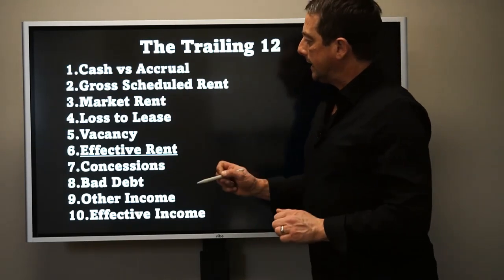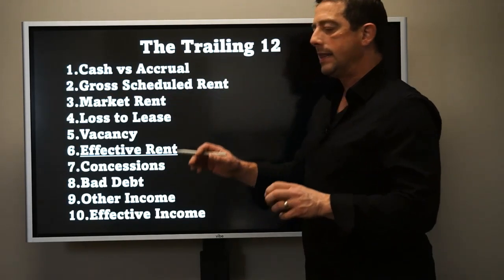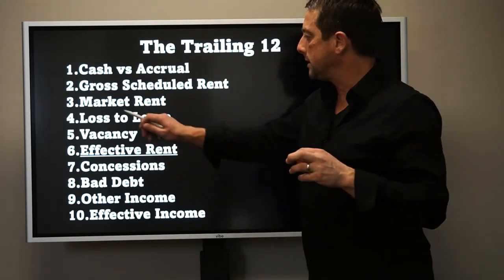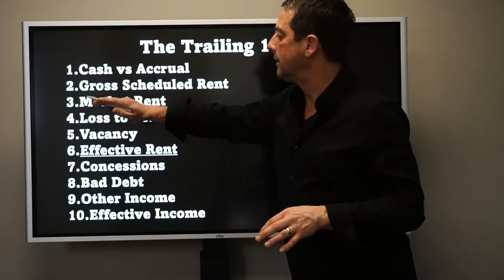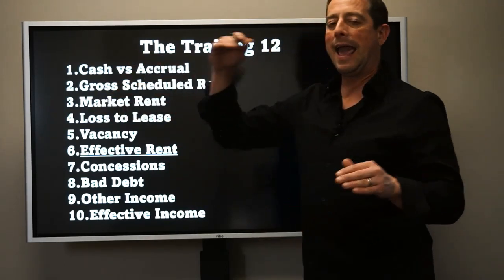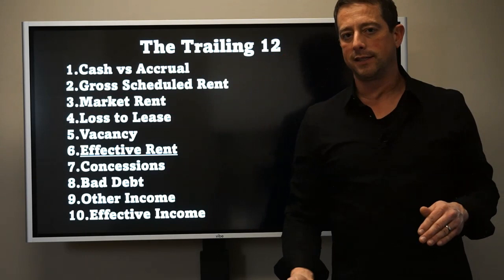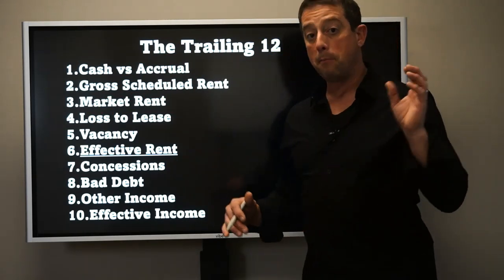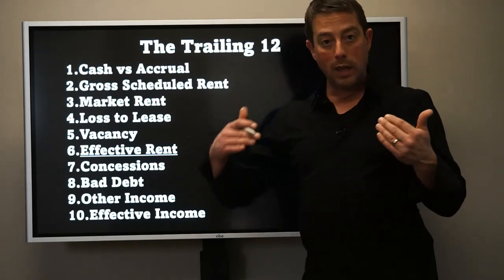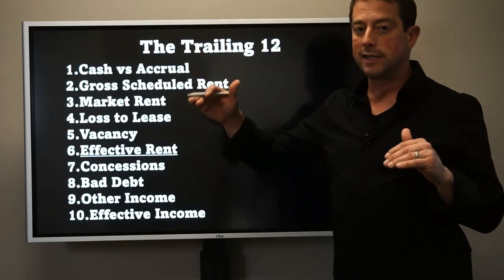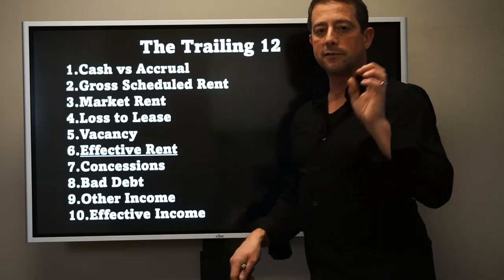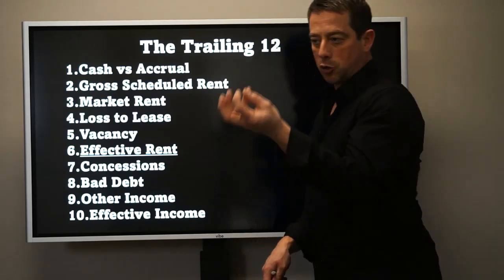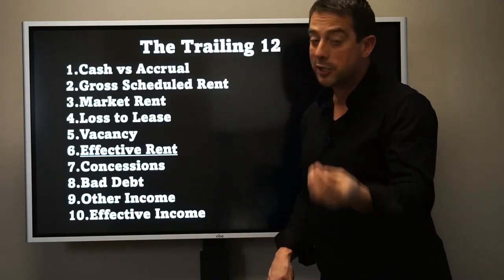What you're going to see is gross scheduled rent, and then the next line down, you're probably going to see market rent, or loss to lease. The difference between market rent and effective rent is loss to lease. Market rent is what we believe the market says the rent is. Effective rent is what's actually on the lease, what you're actually collecting.